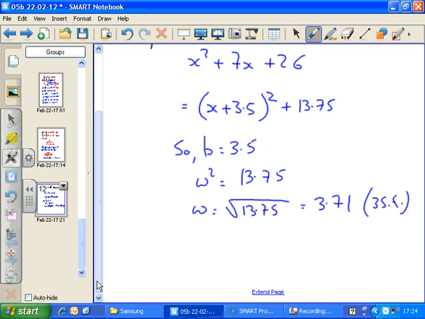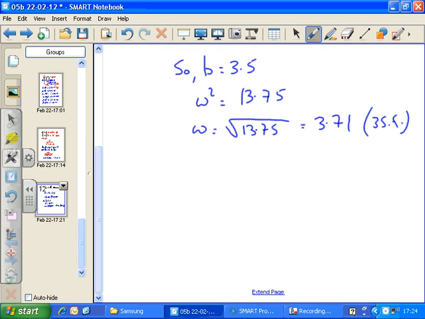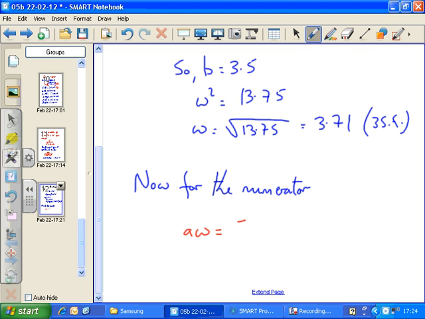So looking at the top bit, now for the numerator, we've got A omega equals 5, haven't we? And omega we now know is 3.71.